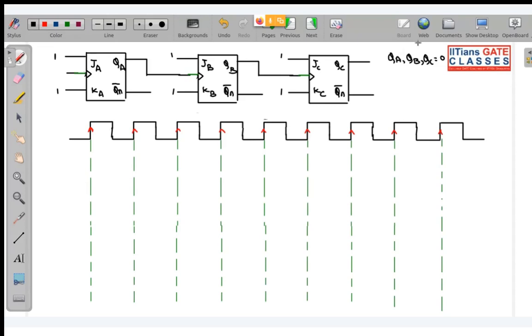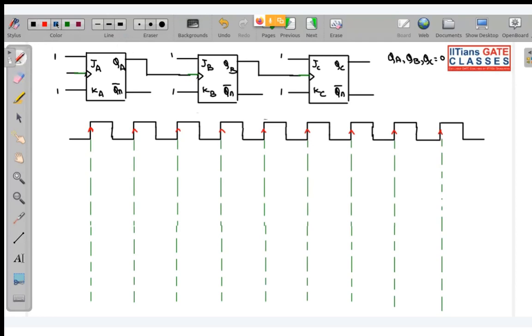You can initialize it with 0,0,0, or 0,0,1, anything you want, and it will come into its cyclic state after a while. But the simplest way to initialize is either from 0,0,0 or from 1,1,1. So I am initializing it with 0,0,0.